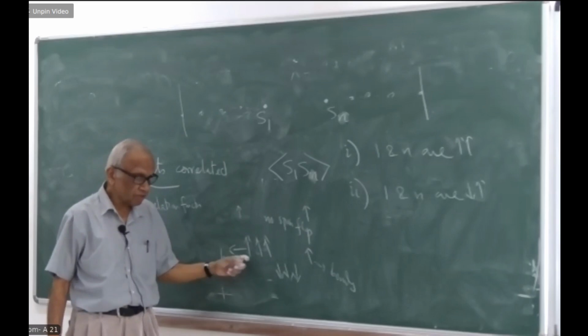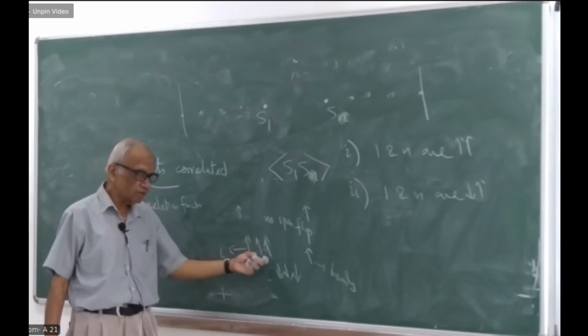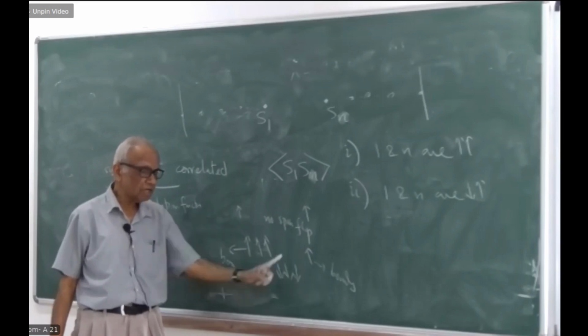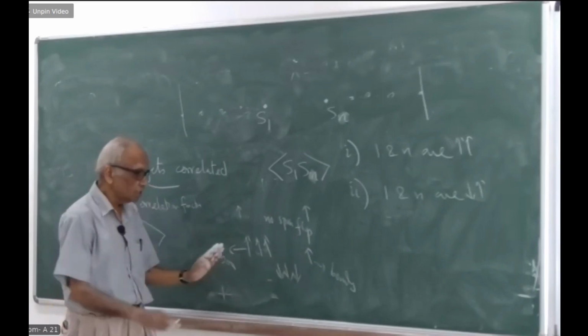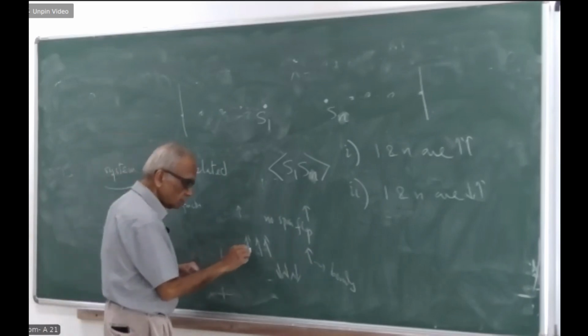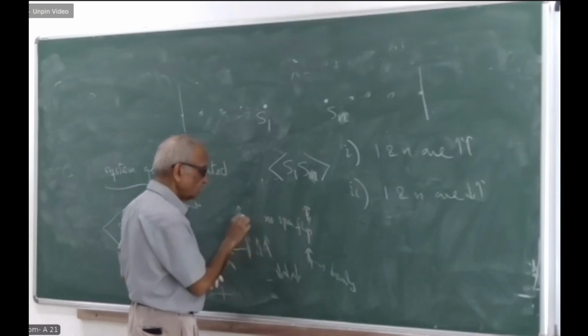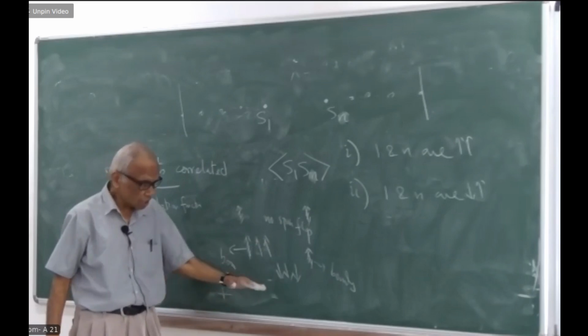One spin flip not allowed, because you have flipped once. If you have to have the boundary as up, you will have to flip again. This is fixed. This is fixed. I can have no flip, but I can't have one flip.